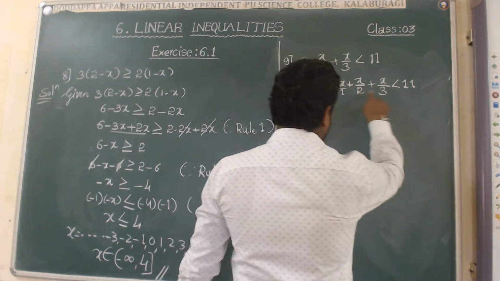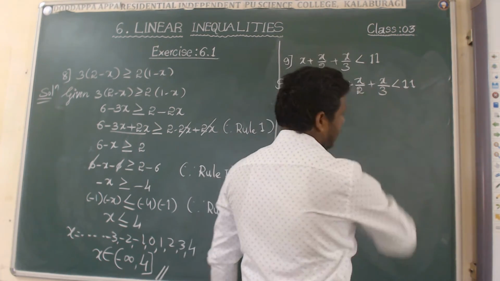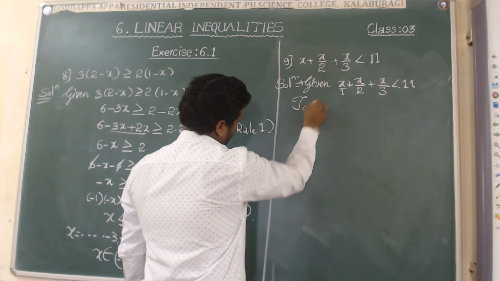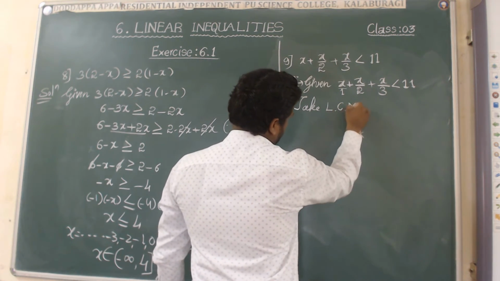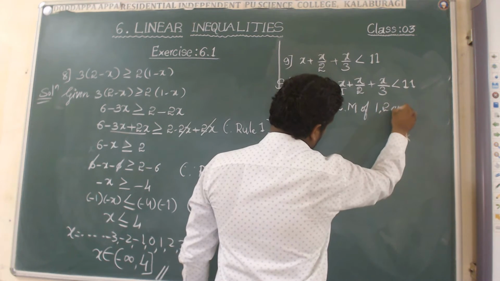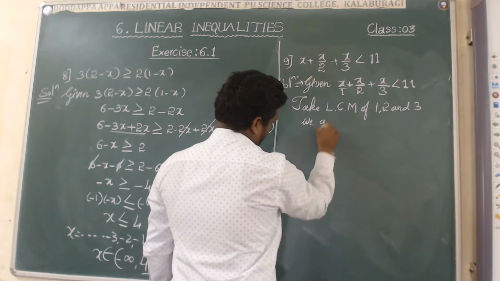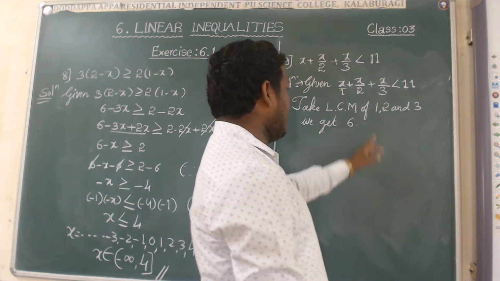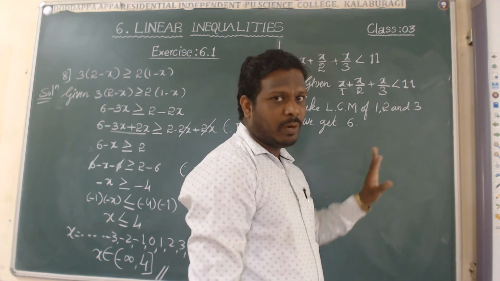Okay, I am taking the LCM of this one. We have to take the least multiple of 1, 2, 3. LCM of 1, 2, and 3 we get 6. 6 is the least multiple of 1, 2, 3. Getting my point?